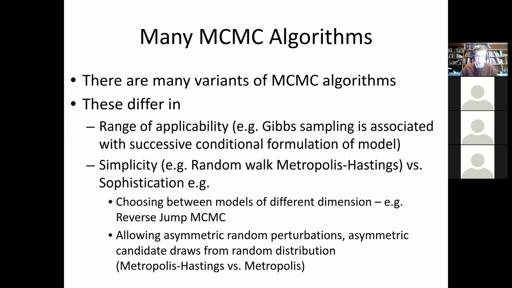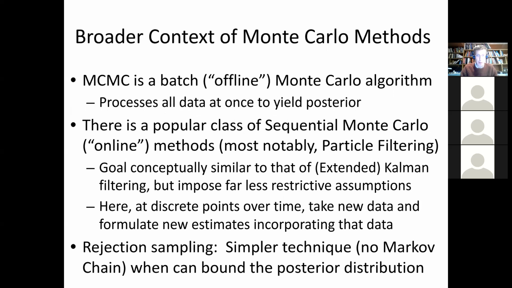I'll just say there are many MCMC algorithms. MCMC is what's called a batch or offline Monte Carlo algorithm. We take all the data at once. What we're going to go to next is a class of algorithms that are online algorithms.